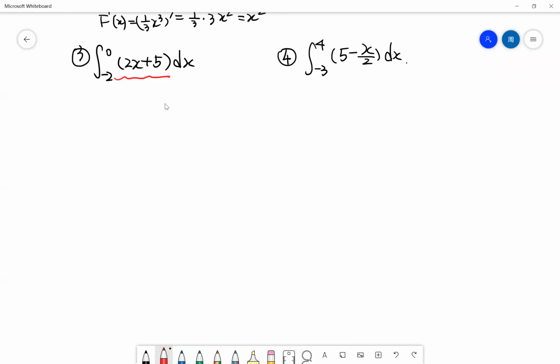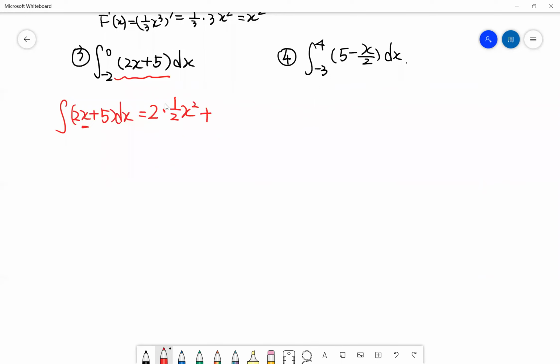That means you can first calculate the indefinite integral. And if we calculate this indefinite integral, we know that should be 2 times, here x means x to the power 1, so that is 1 by 2 x squared, right?